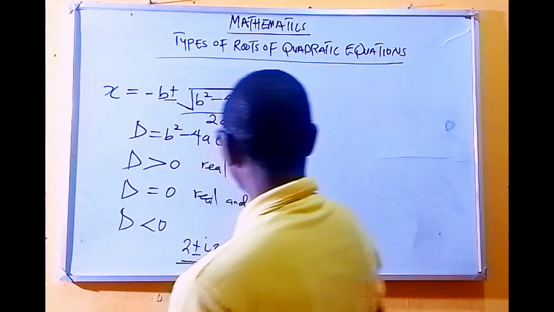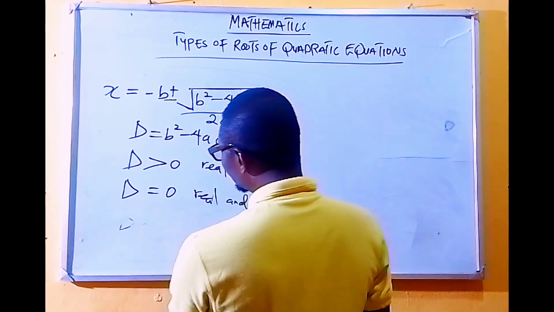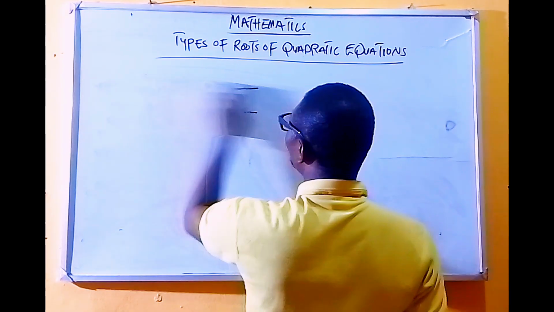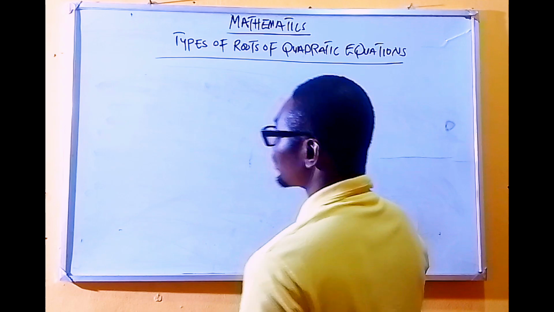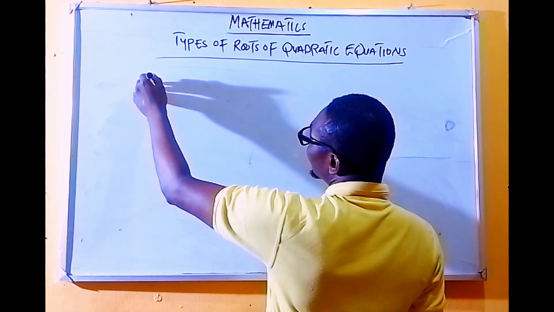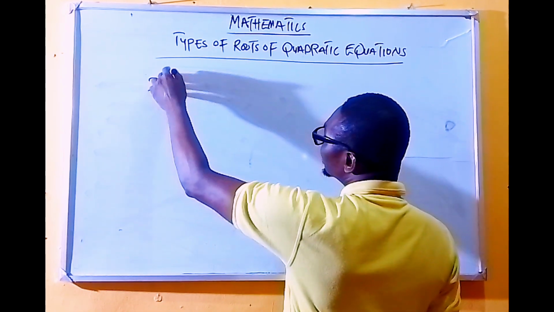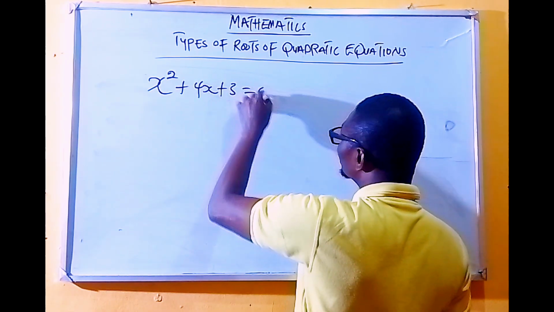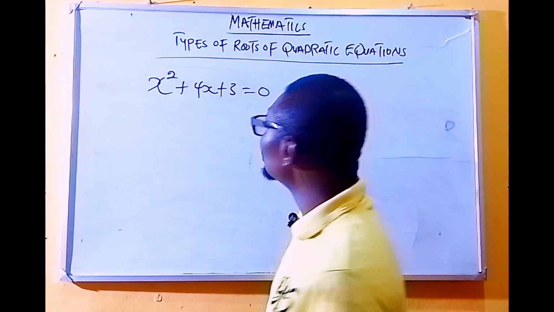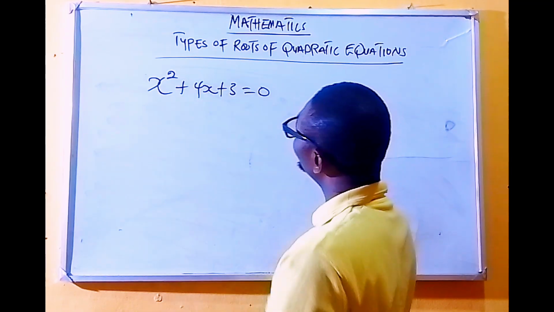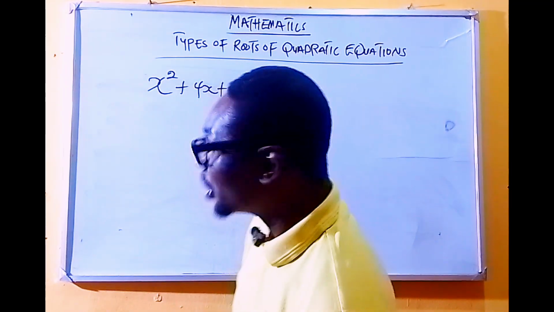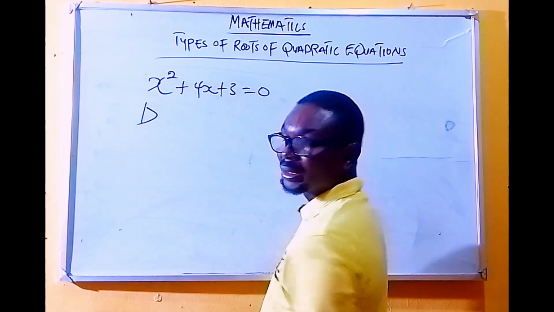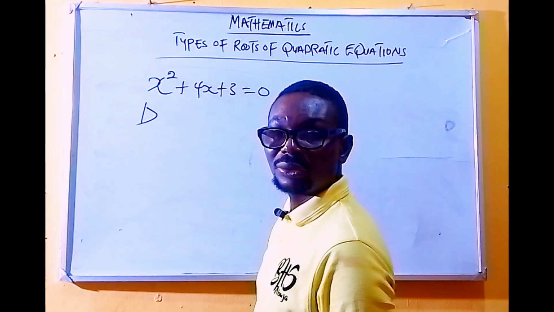Now let's go further. Let's take an example. If you are given a quadratic equation, say x squared plus 4x plus 3 is equal to 0, and you should determine the type of roots you are going to get, just simply apply the discriminant conditions I gave to you.